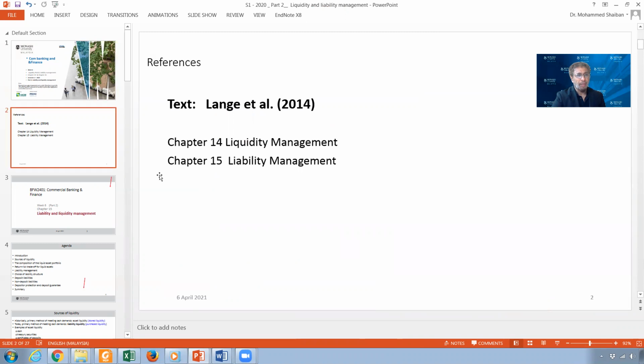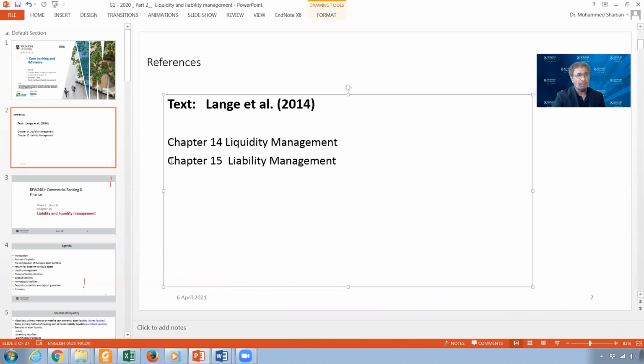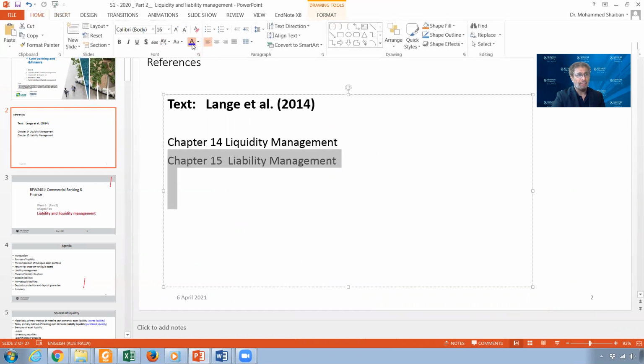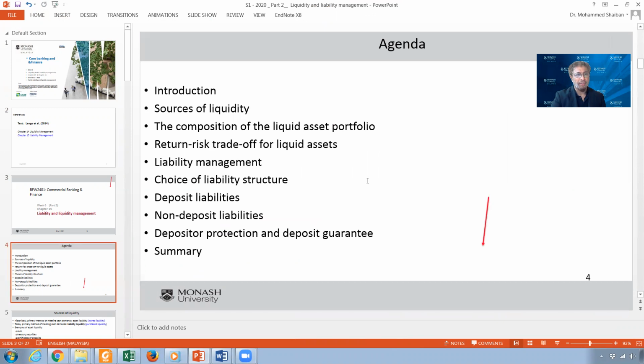Basically we are talking about chapter 15. Okay, if we understand this, now we go to this repeating slide, and this is my agenda. We will talk about the introduction. We will talk about the source of liquidity, where we can get it. We talked about it in the first part, but here we will go into details.